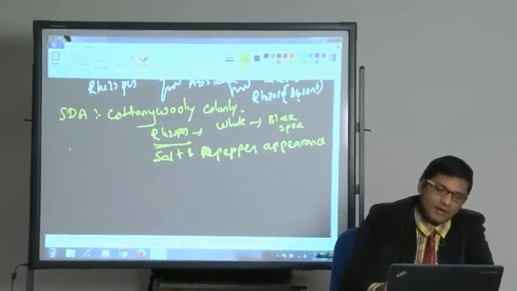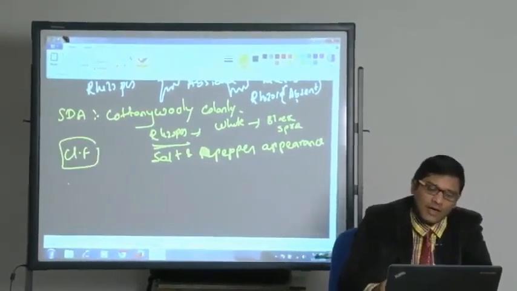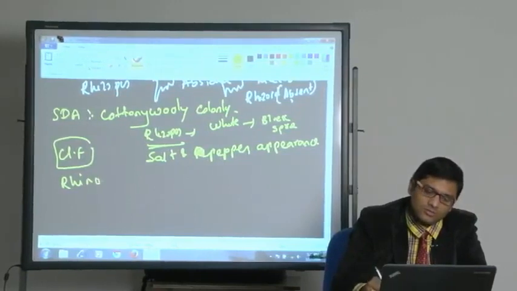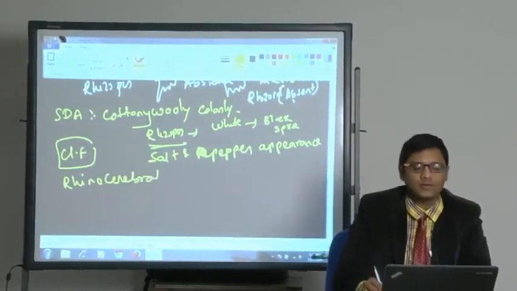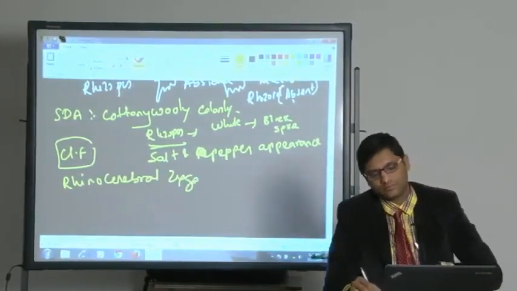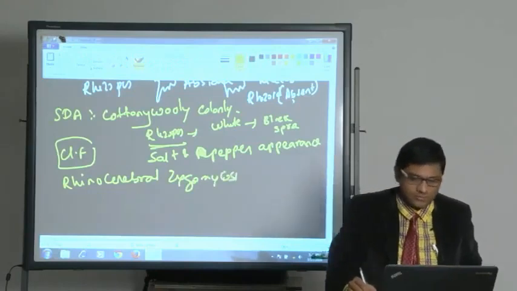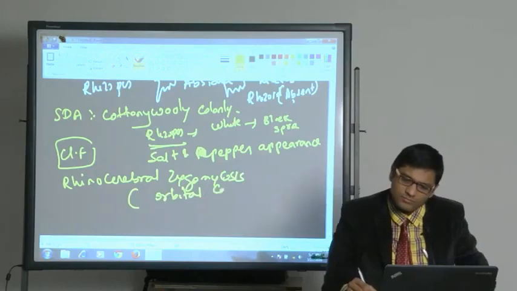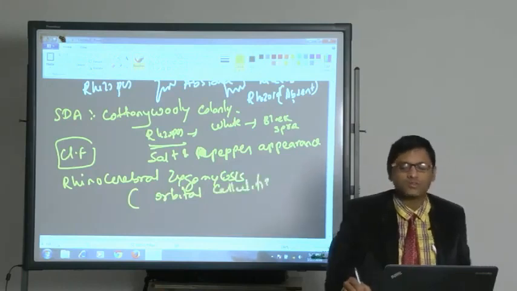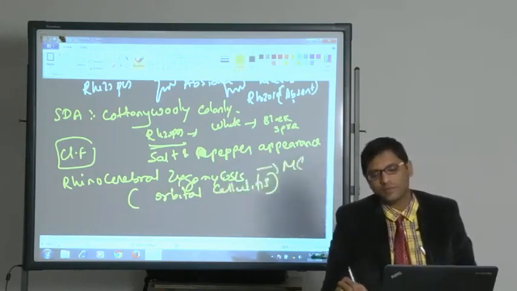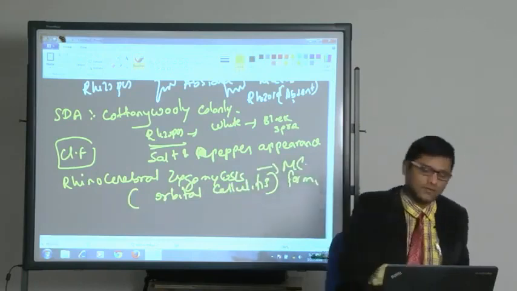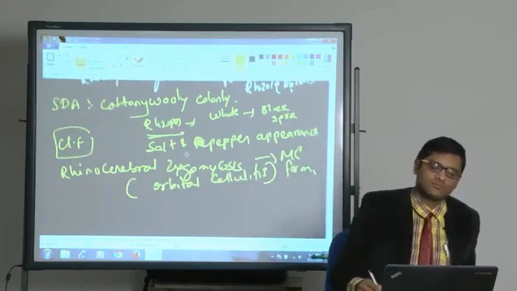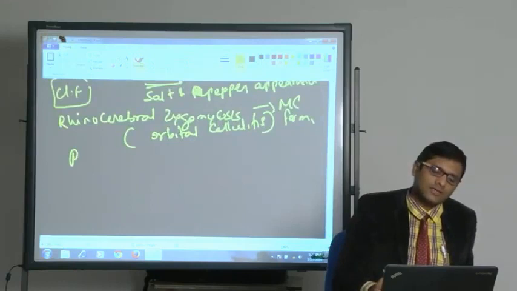And regarding the clinical manifestation, they say that rhinocerebral zygomycosis, especially in the form of orbital cellulitis, is the most common form of zygomycosis. There are certain risk factors.